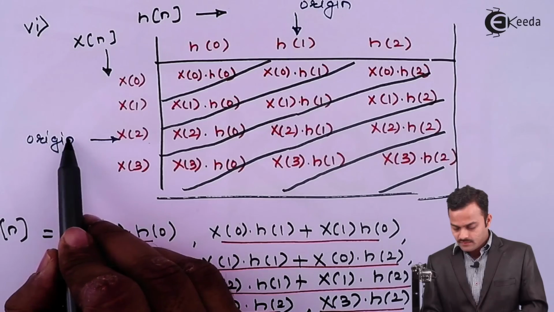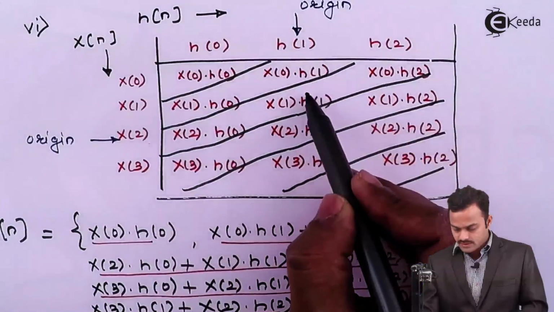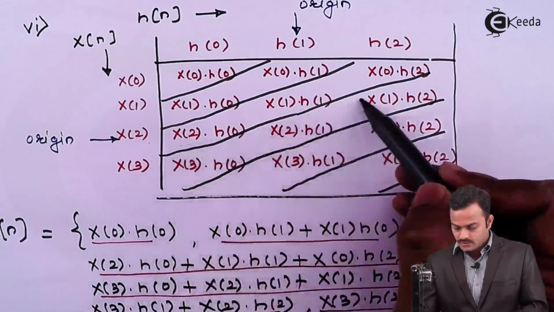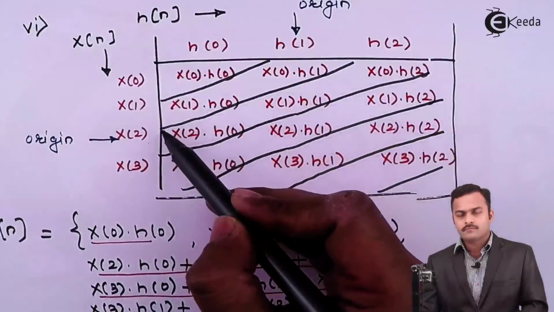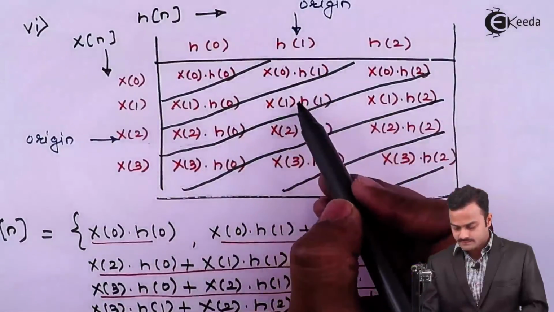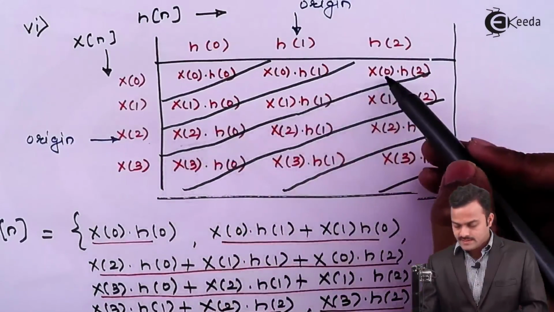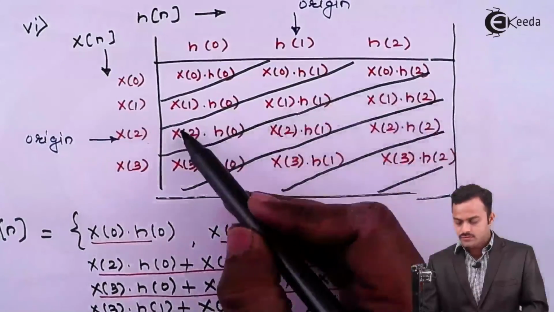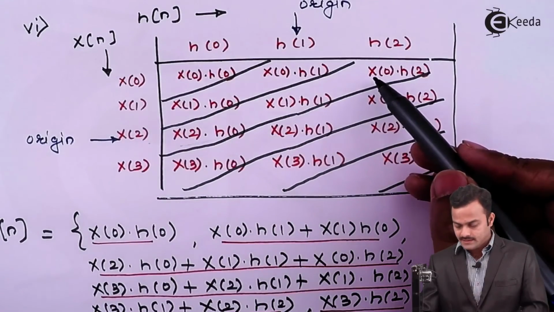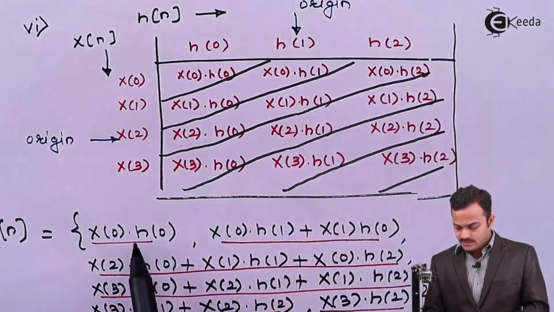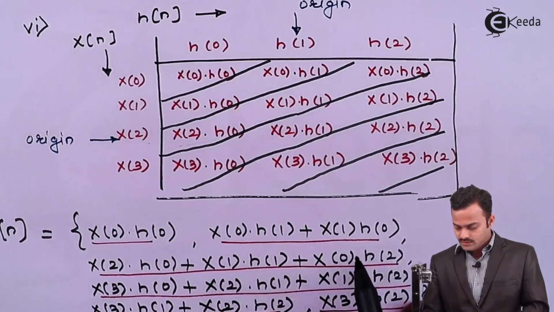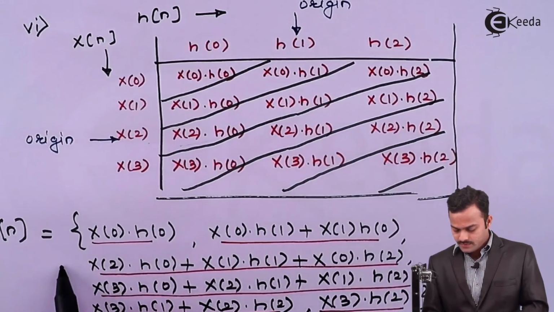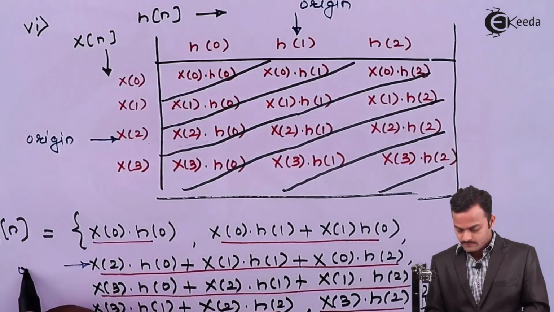So the intersection of this and this origin results in this third term, because there it is intersecting. So I can say now this is the third term where two origins are intersecting. Then this third point here will be the origin for y of n.